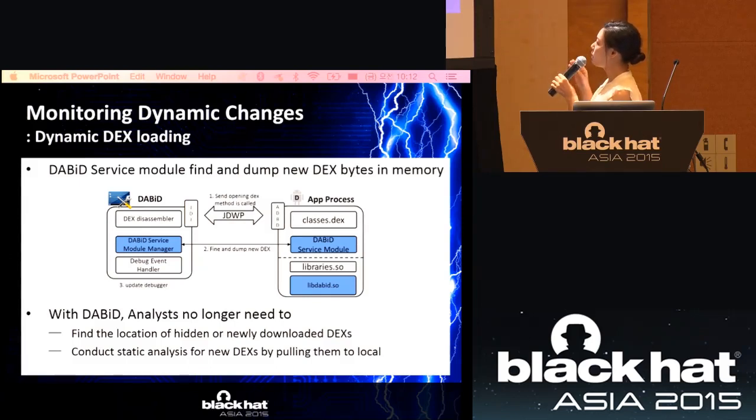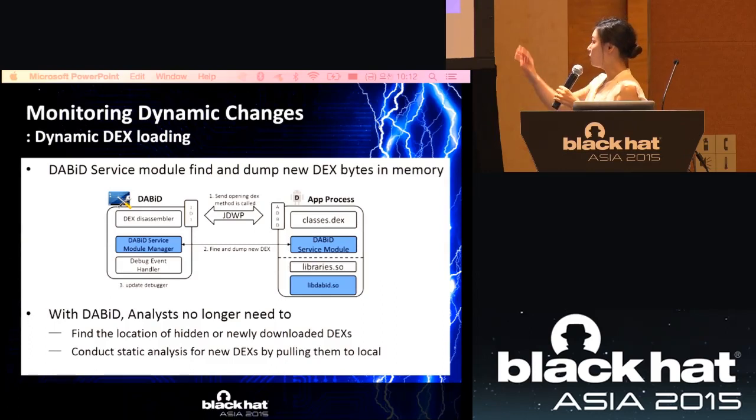When the DEX opening method is called, the DABiD service module manager gives the order to the DABiD service module to find and dump new DEX. Then the DABiD service module browses memory, lists all the DEXes in memory, and compares it with the list it already has. By doing this comparison, it finds new DEX, dumps the new portion of the memory, and gives it to the DABiD service module manager.